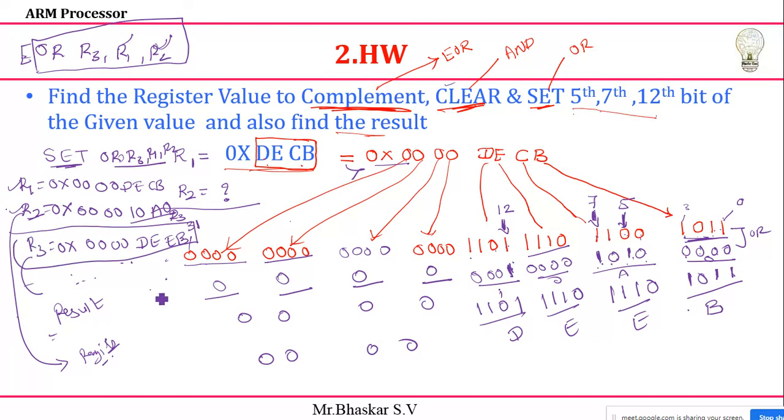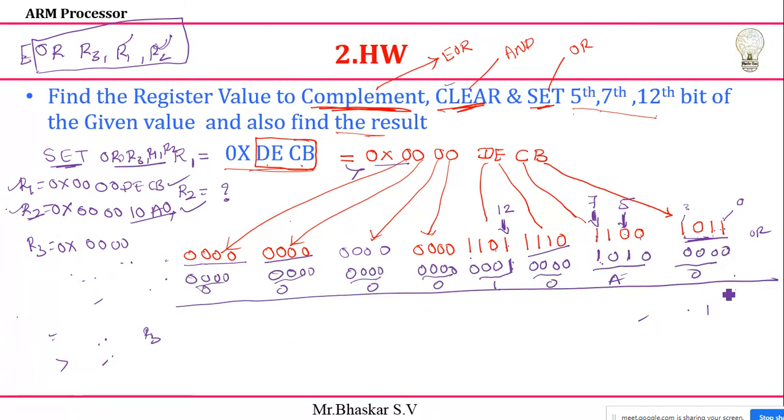So what is the result? Just check it out. Okay, just the same process. The R2 value will be the same. So you do the XOR operation: 1 XOR with 0 means I'll get 1. Next, 1 XOR with 0, 1; 0 XOR with 0, 0; 1 XOR with 0, I'll get 1.